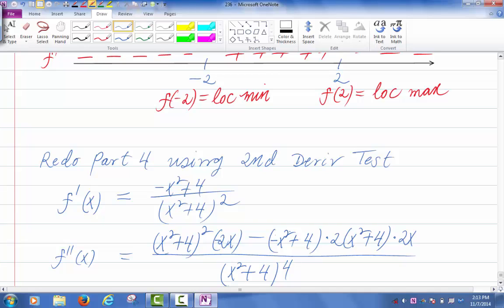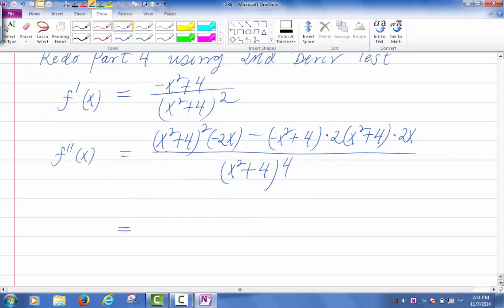Yeah, that should be a negative 2 there. You guys see that? Negative 2 there. Negative 2x, okay? Okay, so that does it.